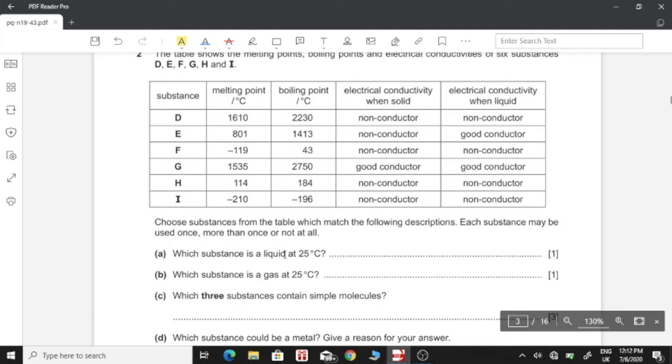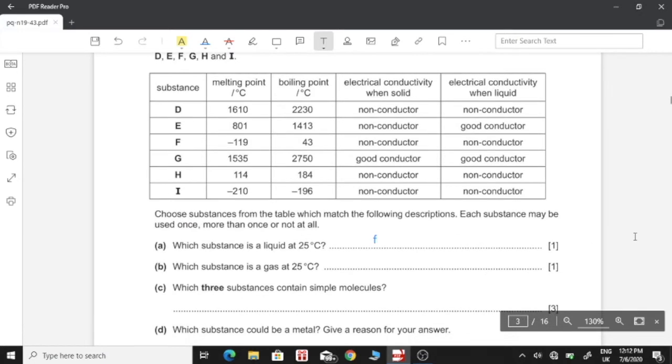Now this also tells us that the boiling point is supposed to be above 25 degrees Celsius so that it can stay in liquid form at 25. Over here I has a boiling point much lower than 25, which means at 25 degrees Celsius it is going to be in gas form. So we're left with F. It has a boiling point above 25 and a melting point lower than 25. So the answer of part A is F.